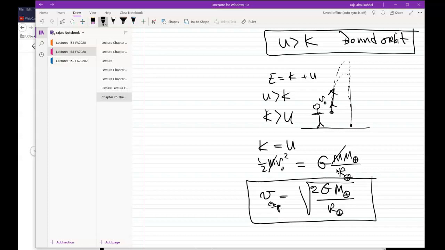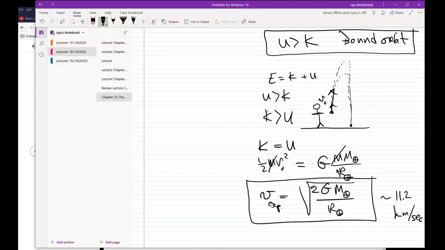If you calculate that, you put in the mass of the Earth, radius of the Earth, the G value, you will get something like 11.2 kilometers per second. Of course, we're assuming no atmosphere. In other words, if I would take that stone and throw it up in the air with a speed of 11.2 kilometers per second, which is about 8 miles per second, it will escape the gravitational pull of the Earth.